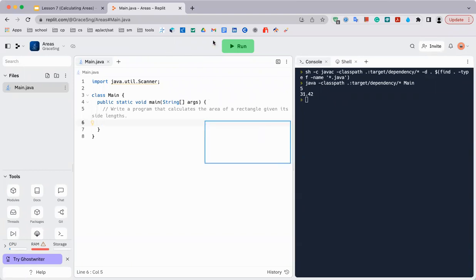We have the width, which I'm just going to call W, and then we have the length, which I'm going to call L. So then I'm going to want to read in 2 integer values, one for the width and one for the length.